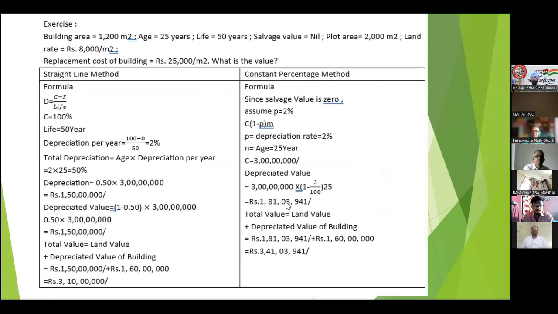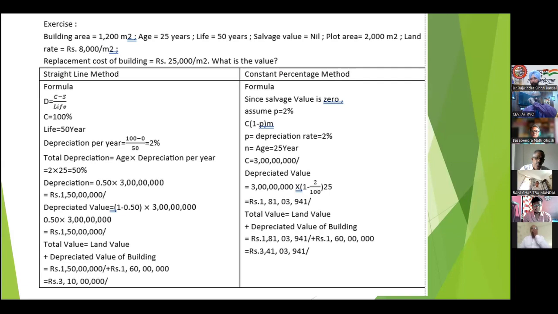Okay. Now see, we have discussed three methods: the straight line method of depreciation, then the constant percentage method or reducing balance method, and third, the sinking fund method. So what is the basic difference between the straight line method and the constant percentage method?